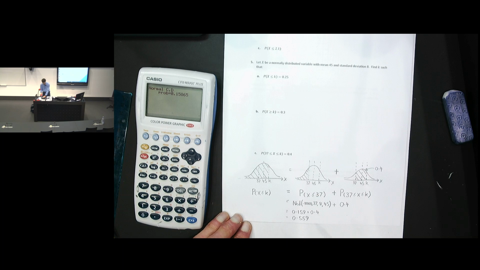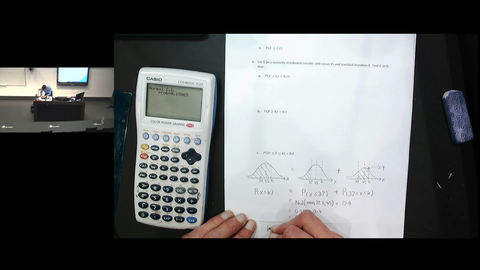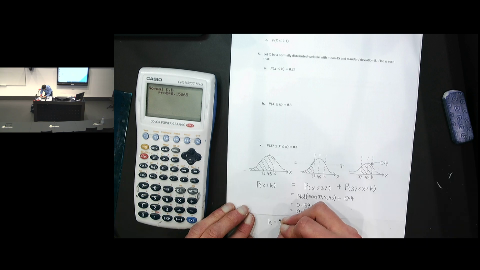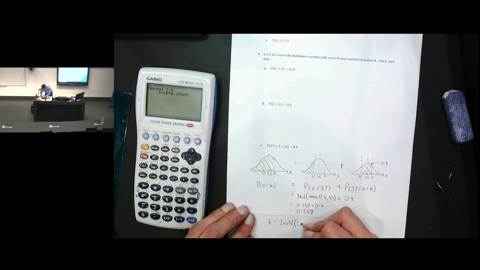Now that we know this whole big area here, we can use the inverse normal function on the calculator. So k is going to be equal to the inverse normal function. I'm going to use the left tail. Our area is 0.559.